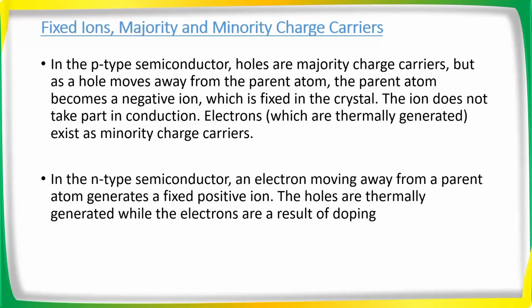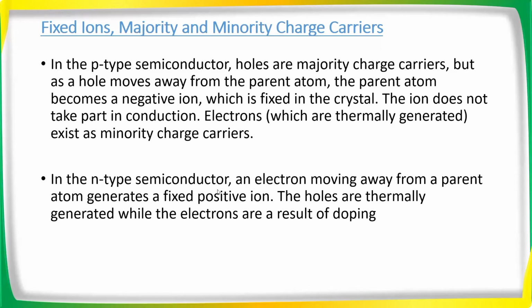It is the electrons that are thermally generated that are the minority carriers. For a p-type, the electrons can only be thermally generated. They only come in when you heat that semiconductor, while the holes come as a result of doping. Then for the n-type, we have the parent atom, phosphorus.